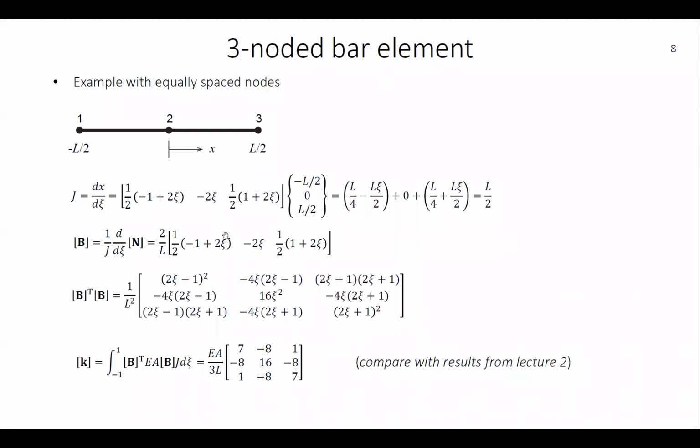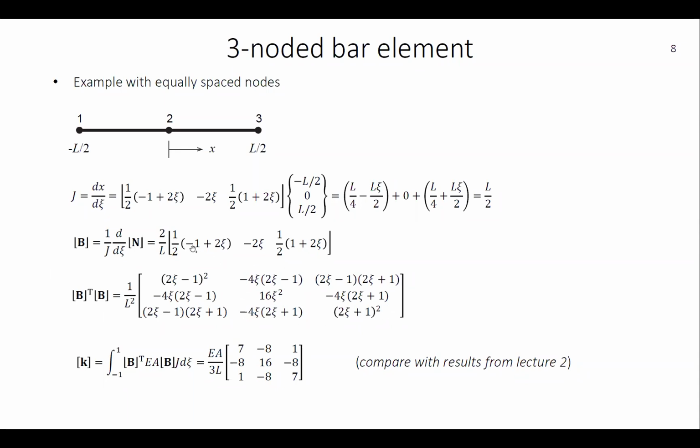So this expression again. So this is a fairly simple expression, only as a function of xi and the physical coordinate L, or geometry L rather. We calculate B transpose B, because this is what we need for the K matrix. And it takes the form of this expression.